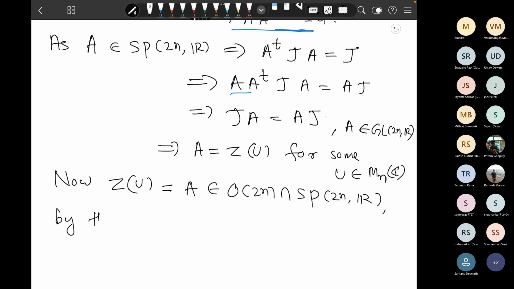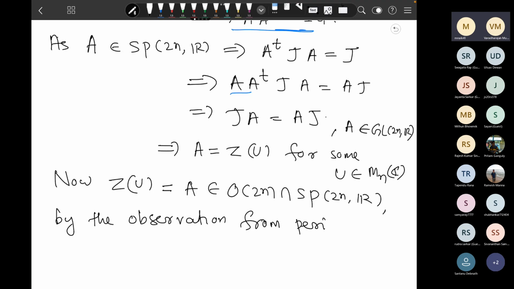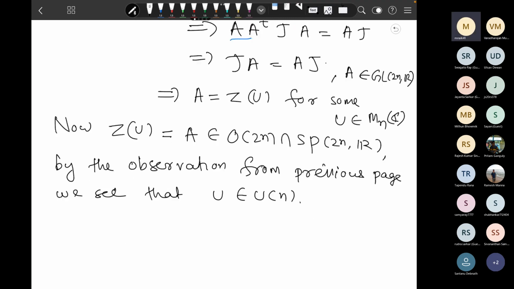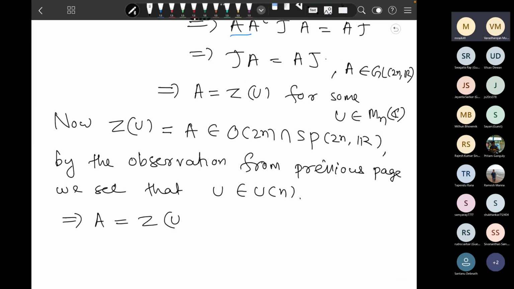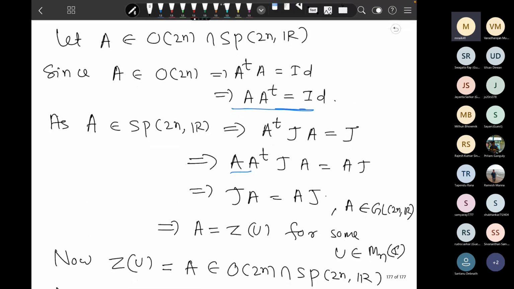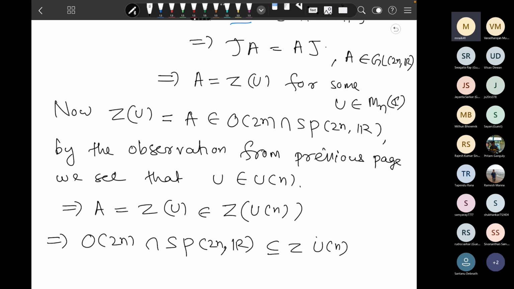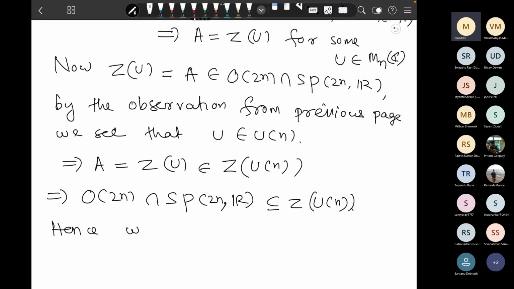By the observation from the previous page, we see that U belongs to U_n. So A is equal to Z_U, which belongs to Z of U_n. I started with an element from O_2n intersection Sp_2n(R) and got that it lies in Z of U_n.